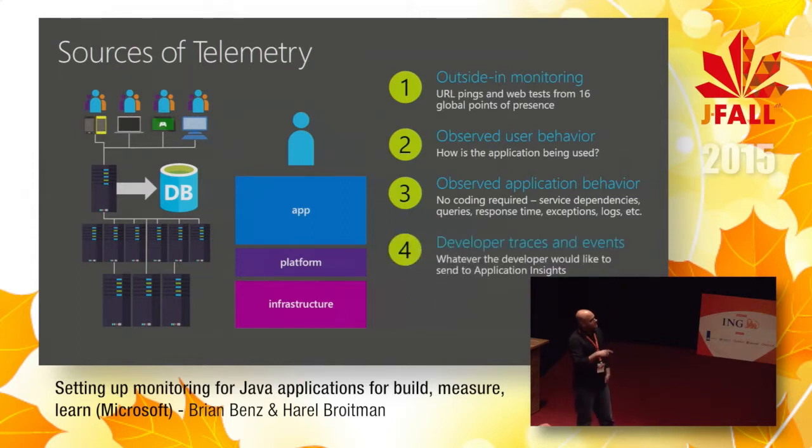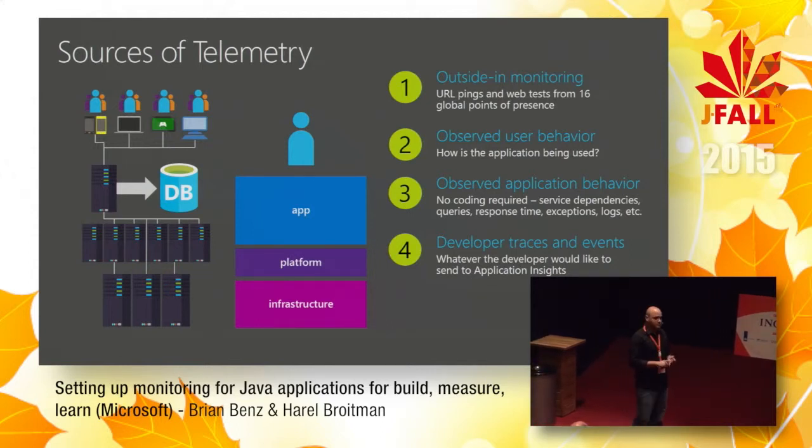On top of all the things that are collected automatically, you have the ability to use our API to send custom data. So apart from getting the page view information and all the traces, if there are specific points in your logic that are important to you to track, you can use the API to send custom events or metrics or exceptions, even if you catch them.